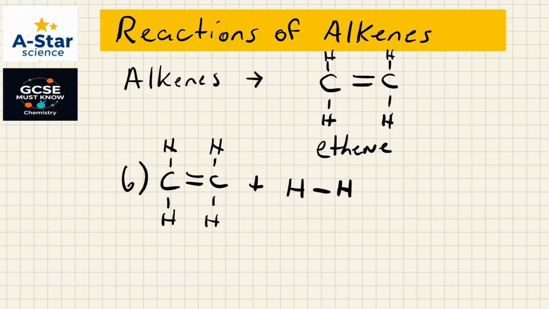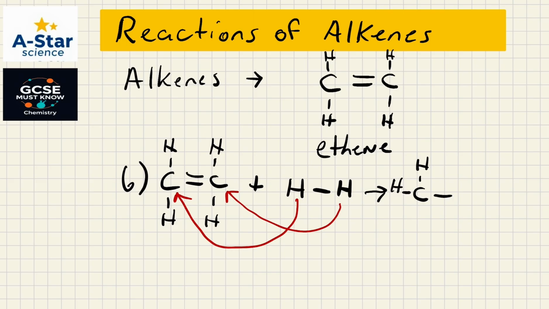Again, the same thing is going to happen, where the hydrogen is going to add, the atoms will add across the double bond. This now becomes an alkane rather than an alkene. And we can represent the 2 additional hydrogens with a different color.